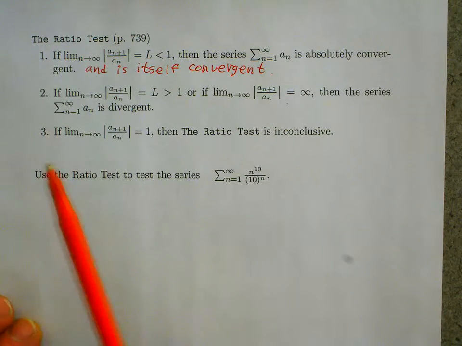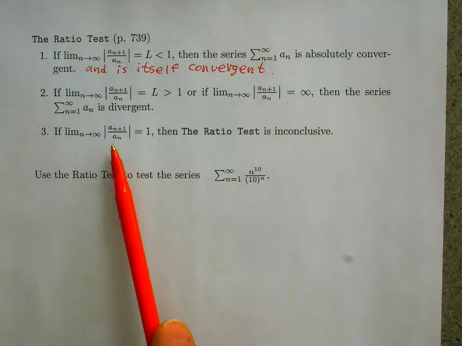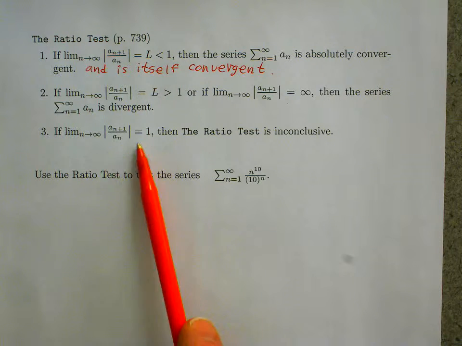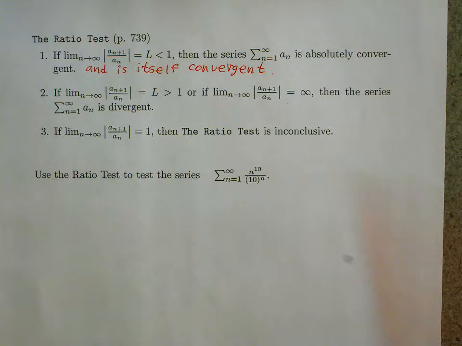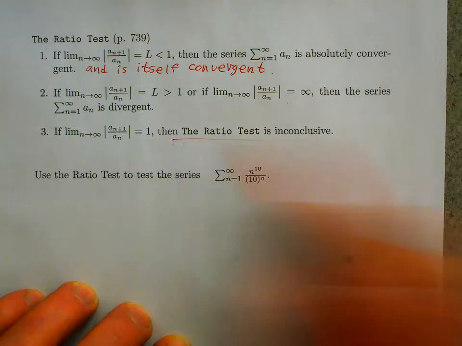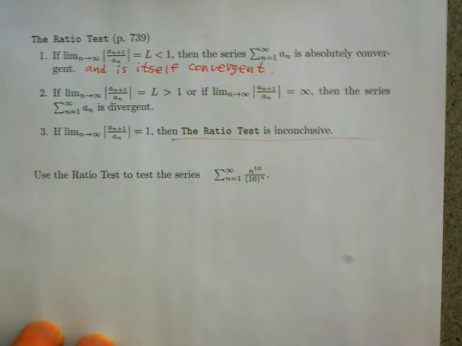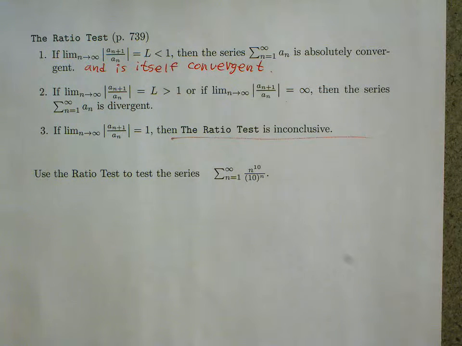Okay, but if the limit of the absolute value of the ratio a sub n plus 1 over a sub n is exactly equal to 1, then the ratio test is inconclusive. So we have to use a different method if we get that result from the ratio test.